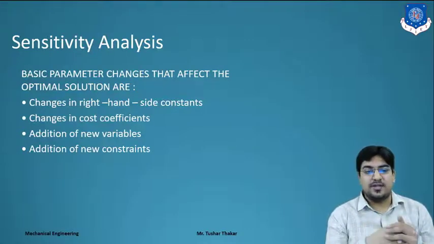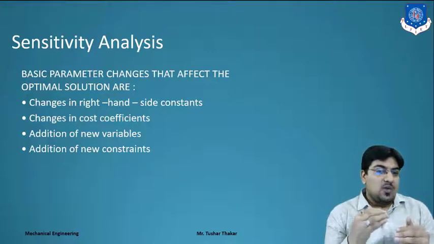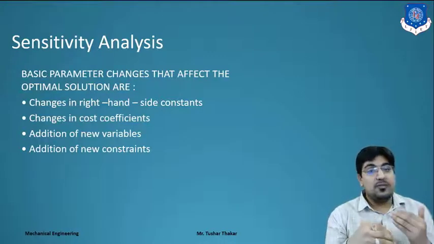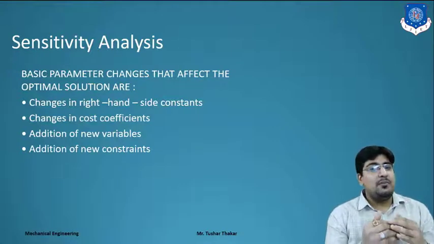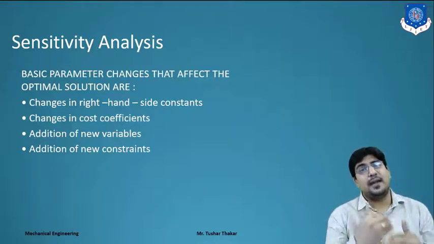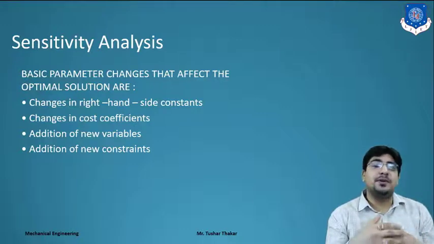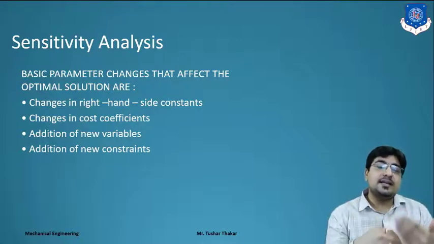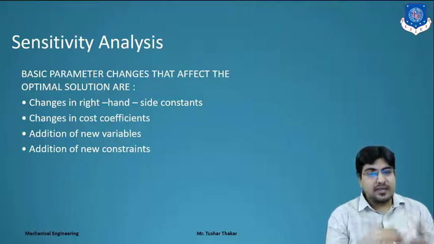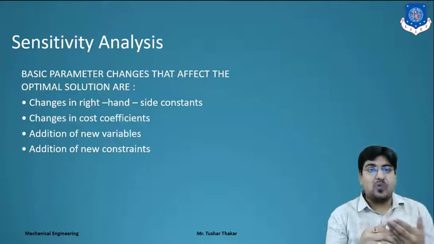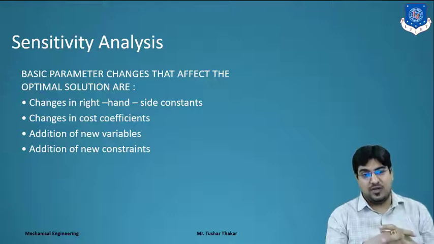We also have to do an addition of new variables. Why? Because we apply that method for getting an optimal solution, so additionally we add new variables to give an effect on the optimal solution.